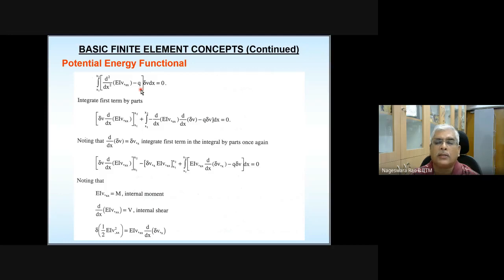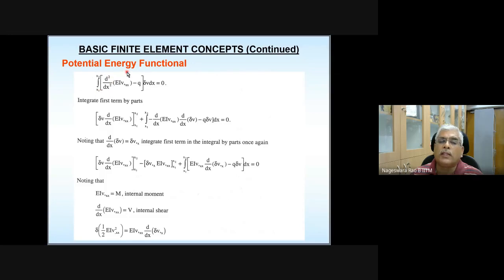Here strain energy is due to bending, so you need to take the bending strain energy, and the work done by the applied forces. What are the applied forces? Transverse loads and moments and shears, if they are present. Otherwise we can start from the fundamentals of this variational approach and derive the equation.